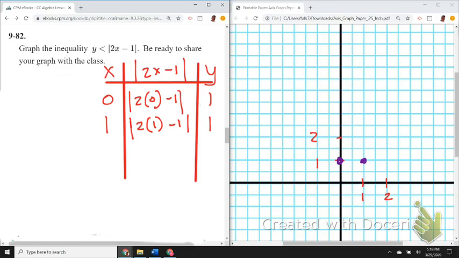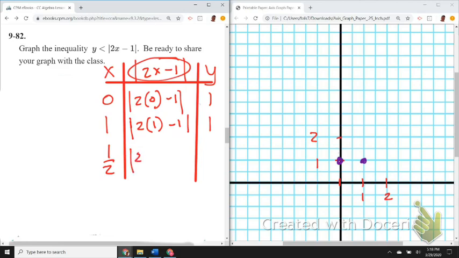The reason why I'm choosing a half is I'm looking at the equation and asking myself, what value of x can I plug in there in order for me to get 0 as my y value? Also it's my halfway point between 0 and 1, which is what my two x values are here. So let's try a half.